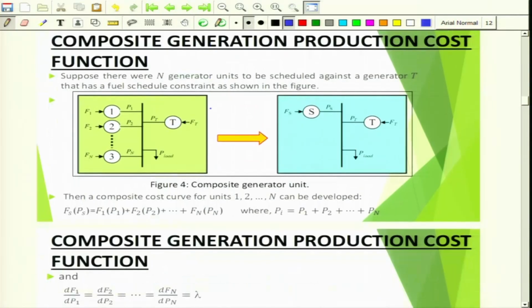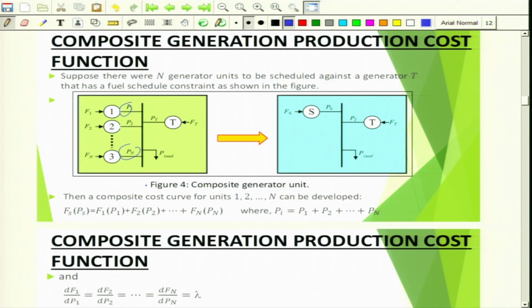Now, let us discuss the composite generation production cost function. Suppose there were n generator units to be scheduled against a generator T that has a fuel schedule constraint as shown in the figure. That means, let us say this is the combination of n generators, each with its own fuel characteristics, and they are put together serving a load demand of P load.